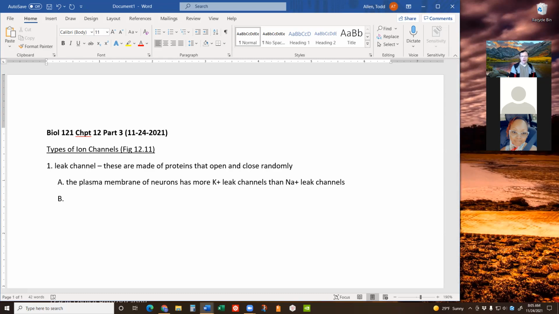Not only do neurons have more potassium ion leak channels than sodium ion leak channels, it is also simultaneously true that if you compared one potassium ion leak channel to one sodium ion leak channel, the potassium ion leak channel is leakier than the sodium ion leak channel.